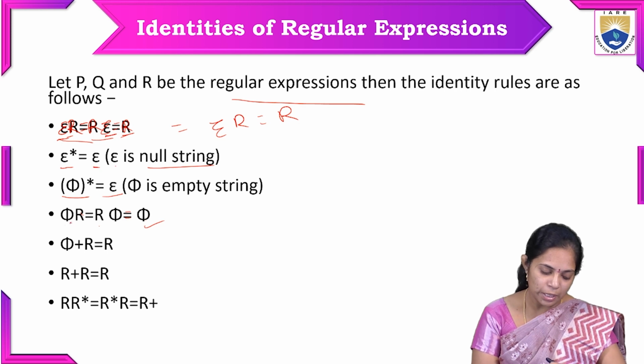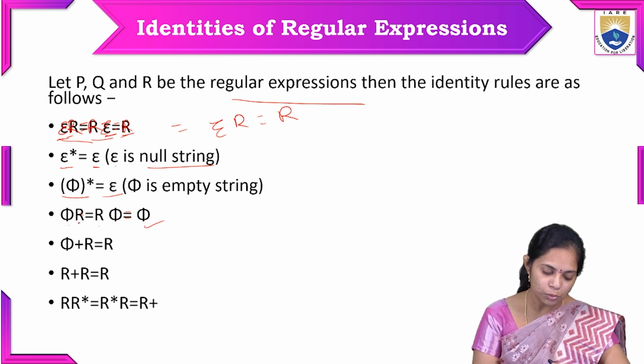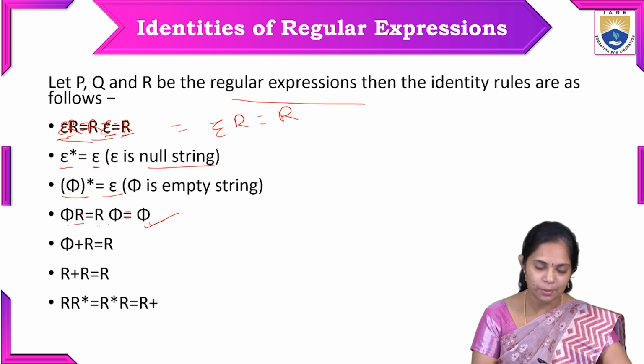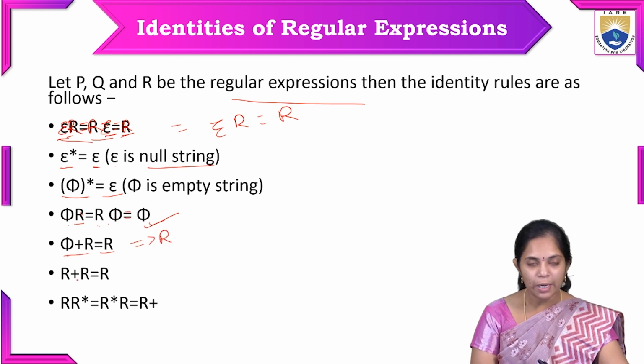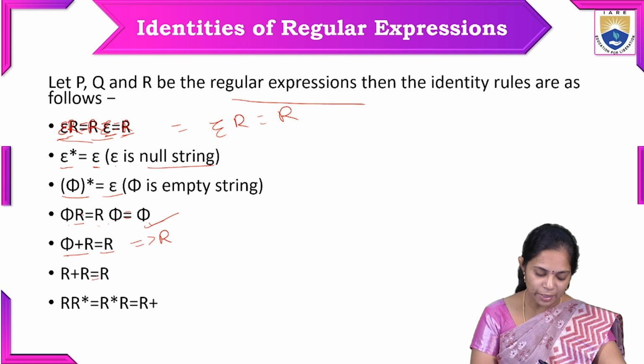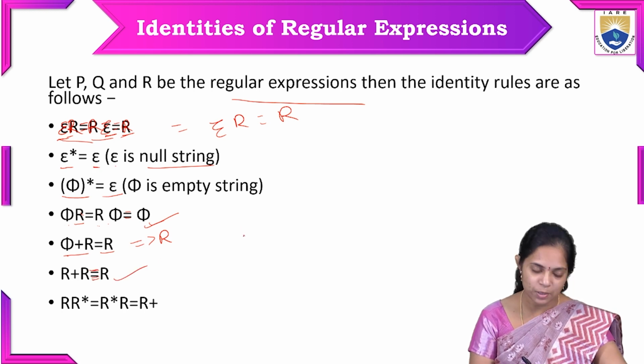Regular expression into empty symbol, we will get the empty symbol only. And empty symbol plus R, so either empty or R, we will get the regular expression R. And R plus R, if you combine both, we will get the regular expression R.